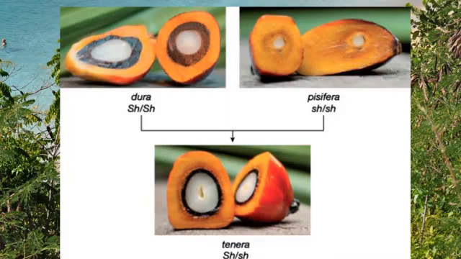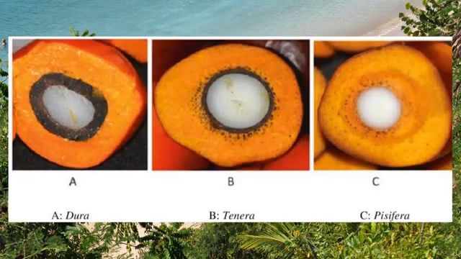The Piscifera has a very thick mesocarp, and it doesn't have the shell, it doesn't have the kernel. As you can see here, this is differentiating the Dura, the Tenera, and the Piscifera.